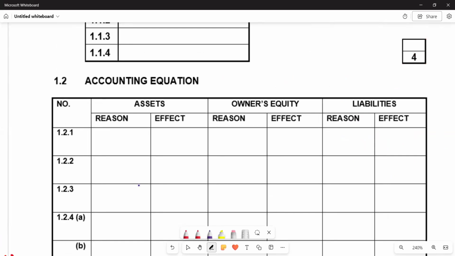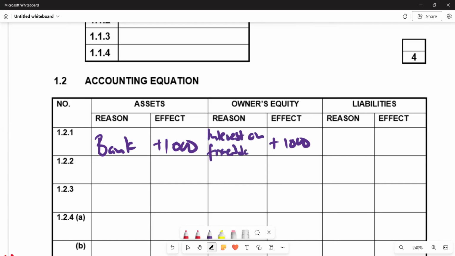We are having an effect on assets, which is going to be a plus 1,000, and the reason is that we are debiting bank. So we can write bank here. And then on owner's equity, we're also going to have a plus 1,000, the reason being interest on fixed deposit. So this is what we have.